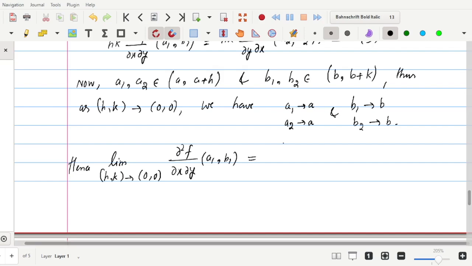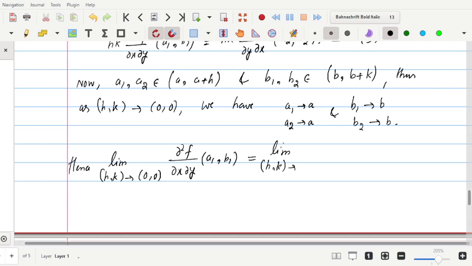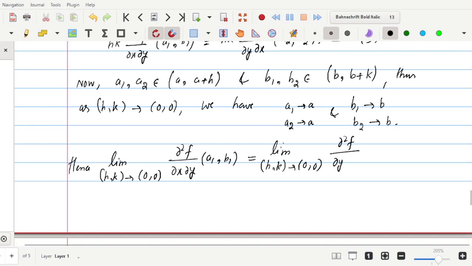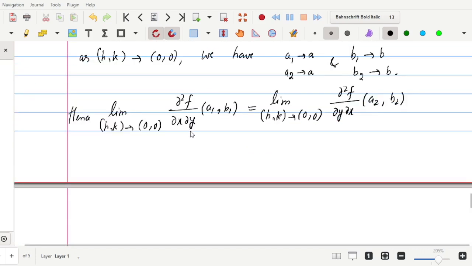This becomes equal to limit h k tends to 0 comma 0 for the function del square f by del y del x at the point a2 comma b2. Now, as the second order partial derivatives are also continuous and they exist, these expressions on the left hand side as well as on the right hand side exist. And as h k tends to 0, a1 b1 approach a comma b and a2 b2 also approach a comma b.